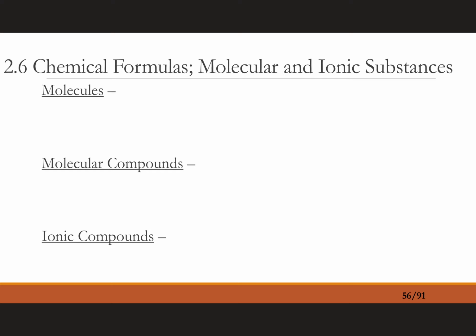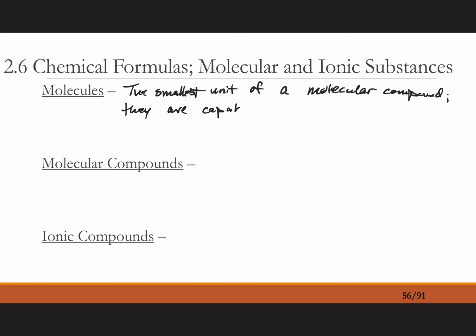Molecules are the smallest unit of a molecular compound. One key characteristic of a molecule is that they are capable of being isolated individually, while ionic compounds that we see below, you cannot isolate individual units of those.